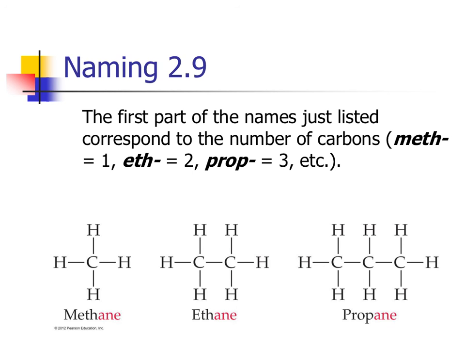The first part of the name actually indicates how many of the carbons there are. Because like I said, organic chemistry has their own system of naming. In covalent naming, we would say one would be mono, but in organic naming, one carbon is meth.